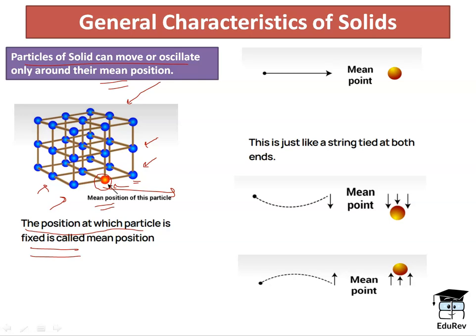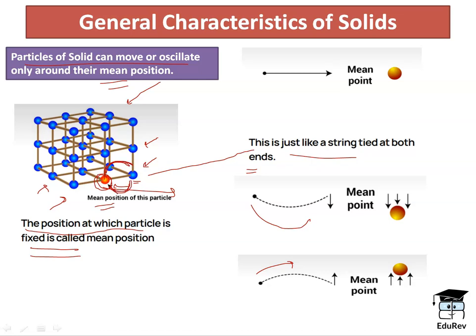And how is the oscillation taking place? It is somewhat like a string, just like a string tied at both ends. So the oscillation can be like this, downwards or upwards. So with respect to this mean position, the particle can vibrate like a string, upward or downward.